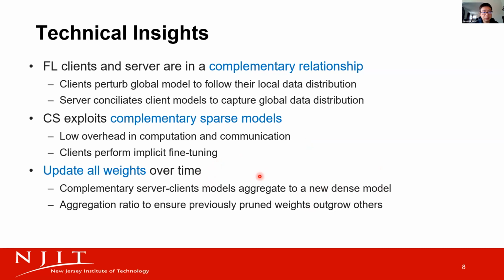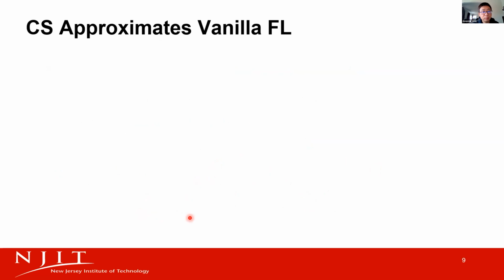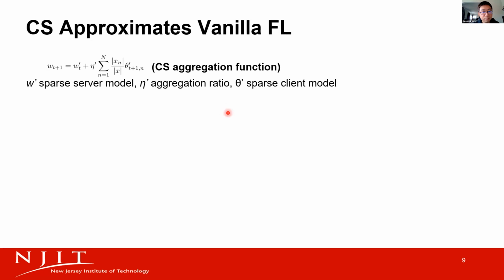And in this process we use an aggregation ratio to ensure the previously pruned weights will outgrow others, and all the weights can get updated over time. So this is a little bit of analysis to show that complement sparsification approximates vanilla federated learning. This is our complement sparsification aggregation function here. We have a prime to denote the sparse model, and the weights without prime is a dense model.